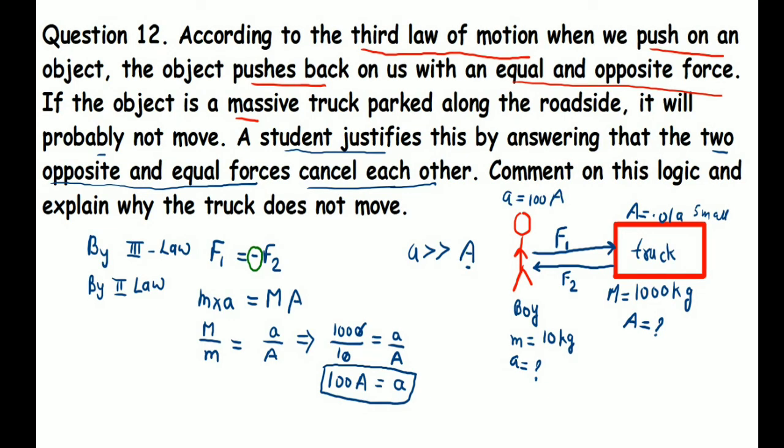That means if the acceleration of the truck is too small, it will not move. If the acceleration of the boy is large, it will move in the backward direction, opposite to the direction of motion. Okay, are you getting my point?